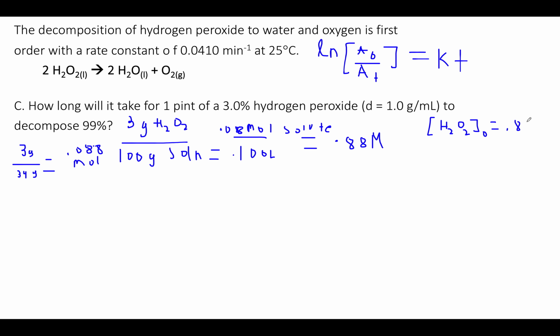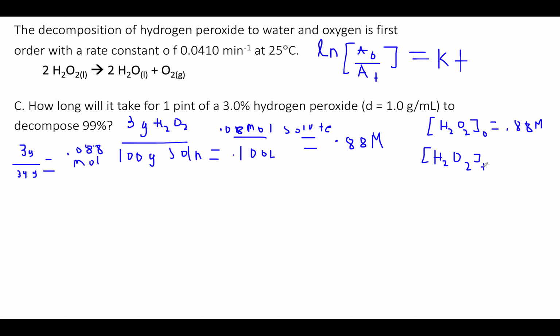But my final would have to be when the 99% of the sample decomposes, because it says how long will it take for the 1 pint to decompose 99%. So another way of saying that is what is the concentration of the sample when 1% is left.